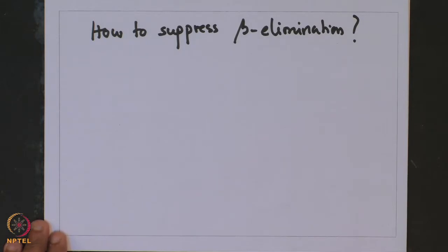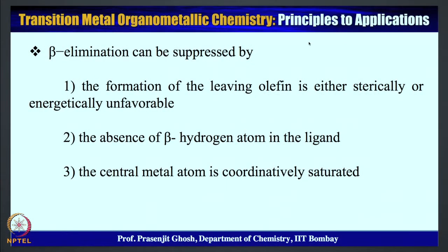So, this became an important topic of research, and several strategies were evolved towards this challenge. And one of the major ones was, for example, if the formation of olefin is blocked or suppressed for some reason or other, then in principle we should be able to suppress beta elimination.